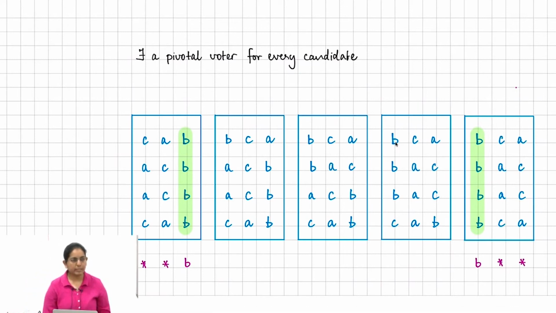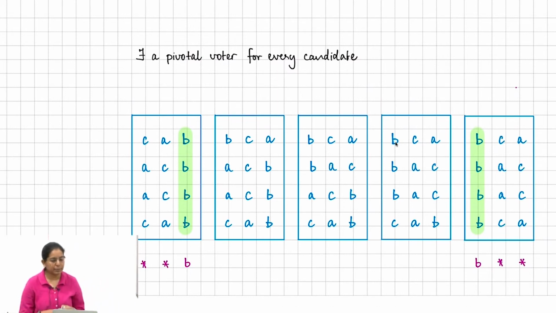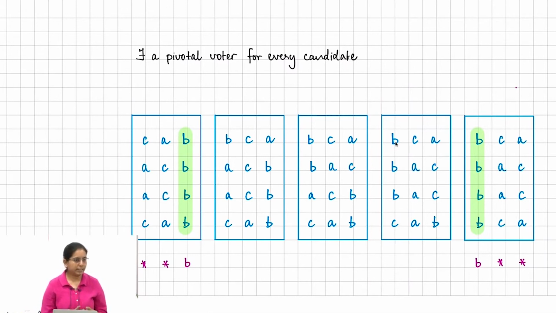So B is polarizing in every profile, and our first observation tells us that the mechanism also therefore must place B either at the top or the bottom when it works with these profiles. In particular, in the first profile, the output had B at the bottom, and in the last profile, the output had B at the top, which means that it makes sense to talk about the first point where B's fate transitioned. Is that clear?